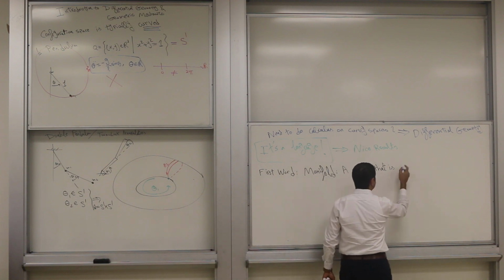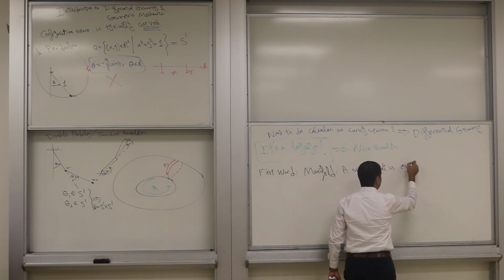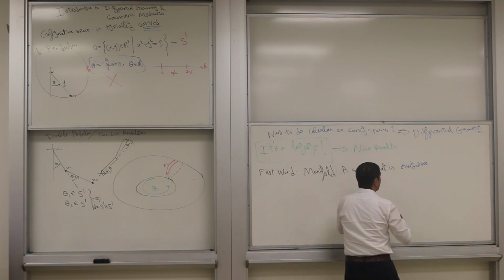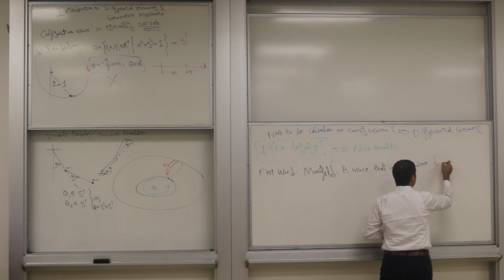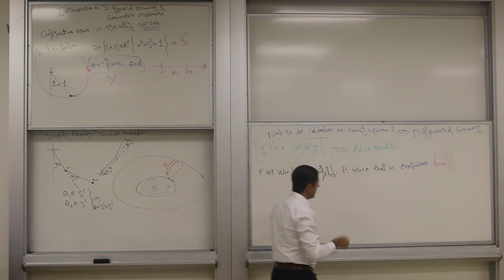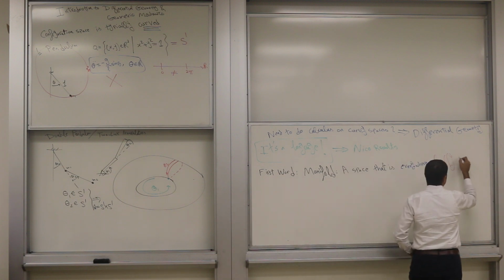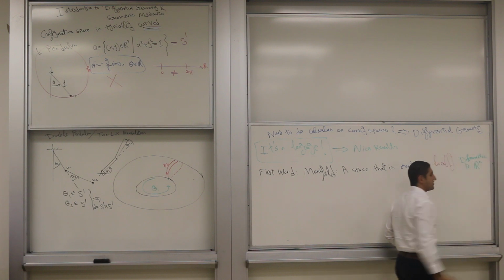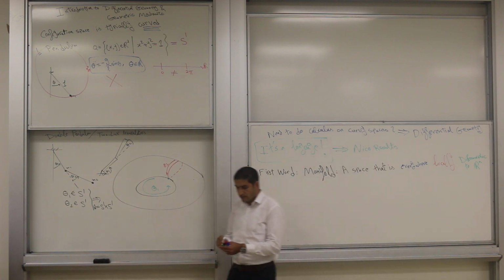A space that is everywhere, everywhere, locally diffeomorphic, I'm going to talk about that in a minute, to R^n, Euclidean space, flat space.